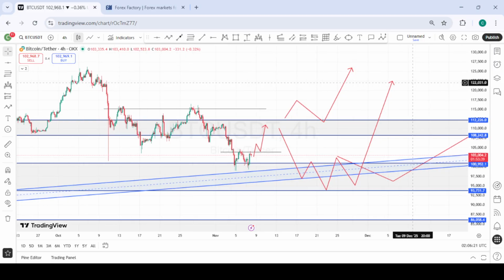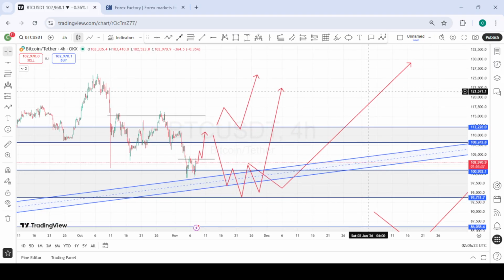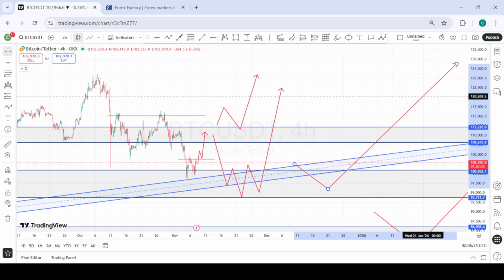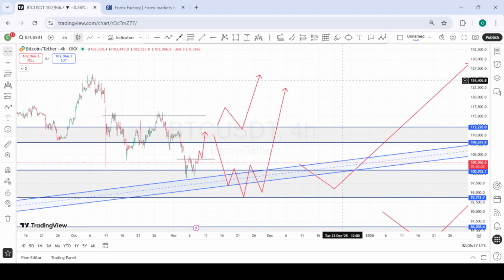So let's be on the lookout for that. This zone is a very, very strong zone that we are looking out for to see price react from for the coming week or the weeks ahead of us.